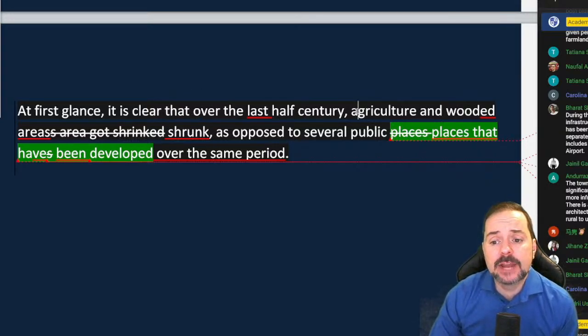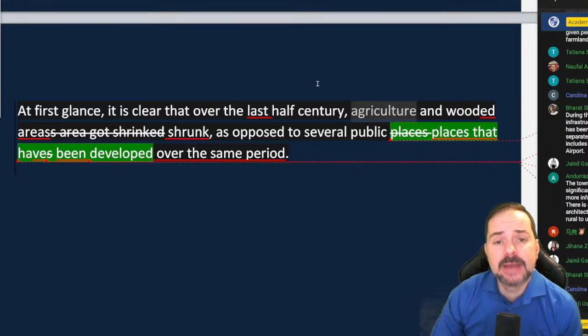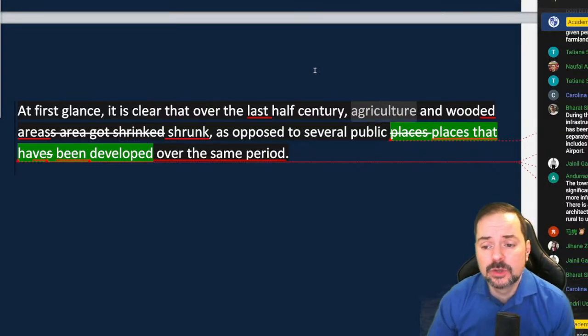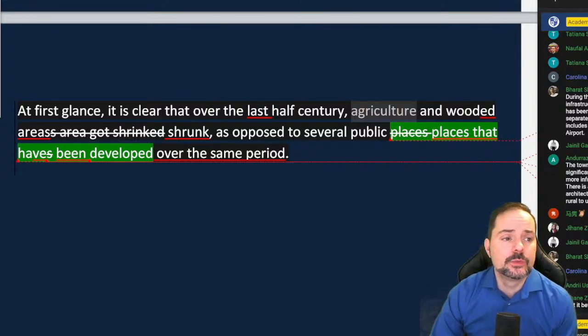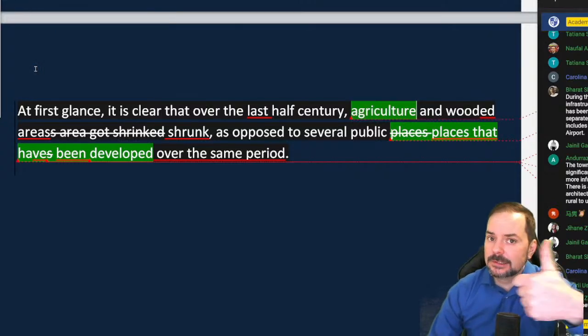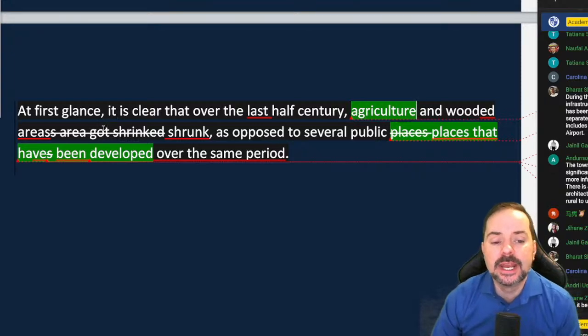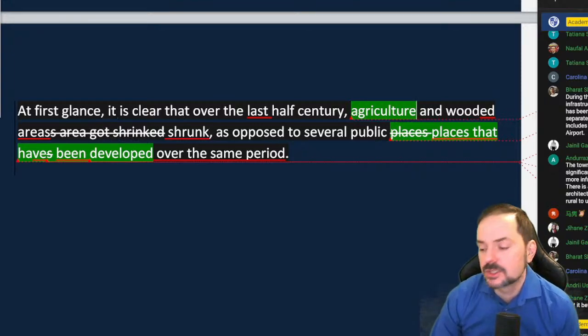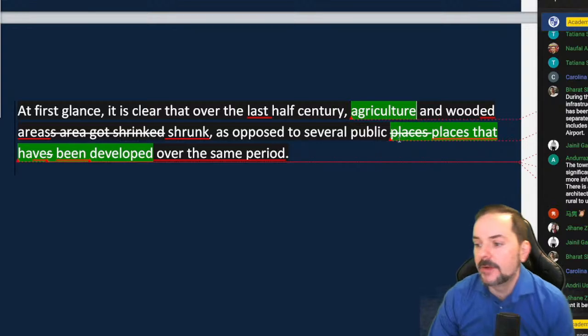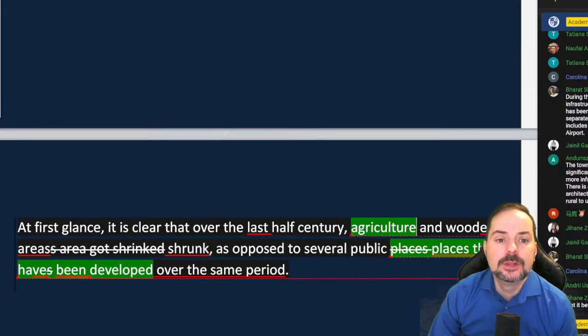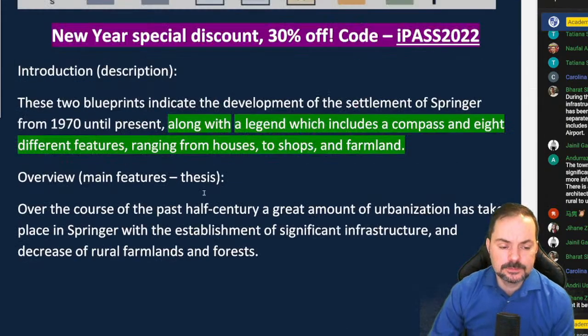But good use of the word agriculture, so I don't want to just poke at the bad. I want to emphasize the good as well. I think using the word agriculture here is very good. All right, and wooded areas are good. The verb shrunk is good too. Okay, all right. That's how we learn, through our mistakes. Okay, good.